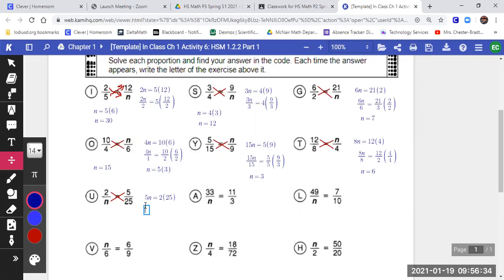Next step, what do we do? What's our next step?